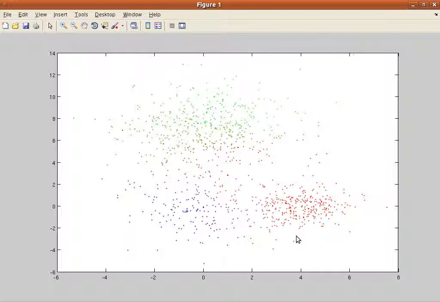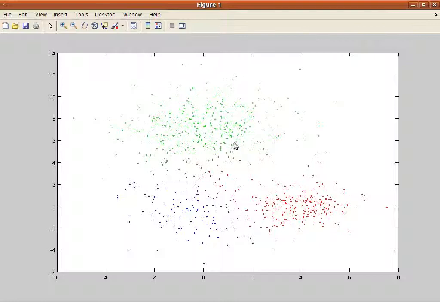After we update the mean, we readjust the membership of each of these data points. As the mean moves, data points on this boundary, which in the past we were not certain should be green or red, become more and more green.